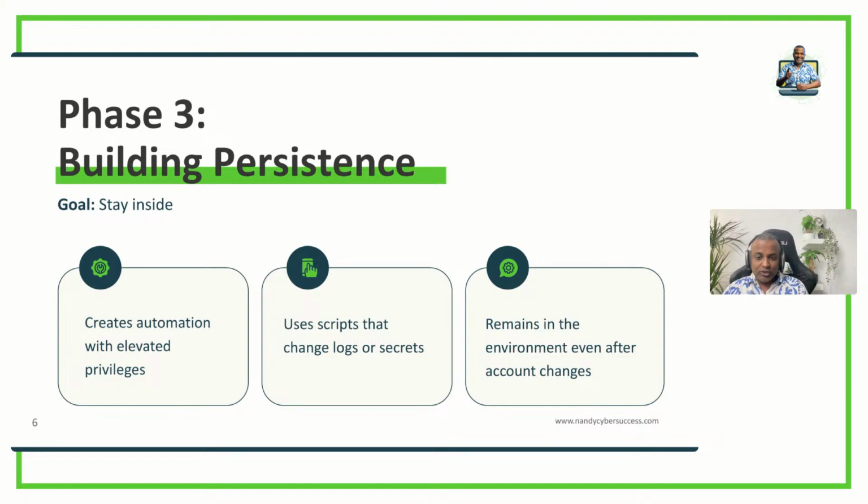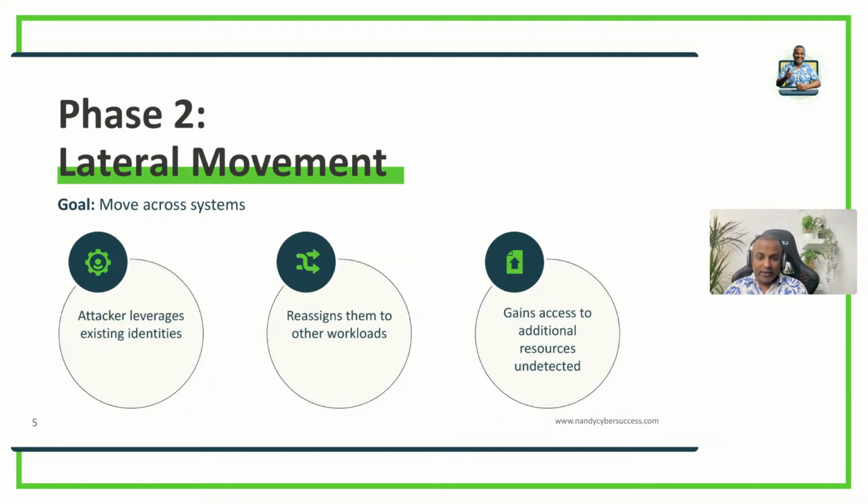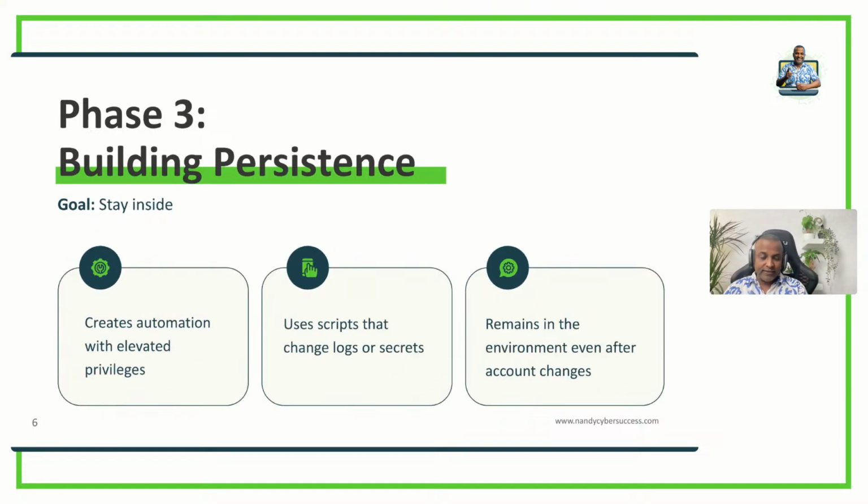It's a lateral movement. Typically what happens is, whether they have an existing identity or not, they will create an automation account.